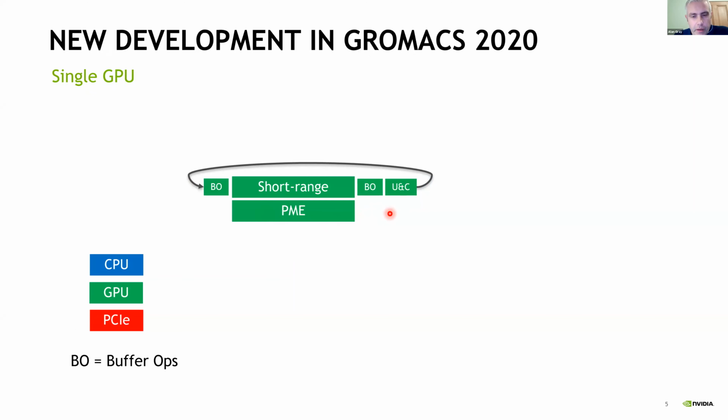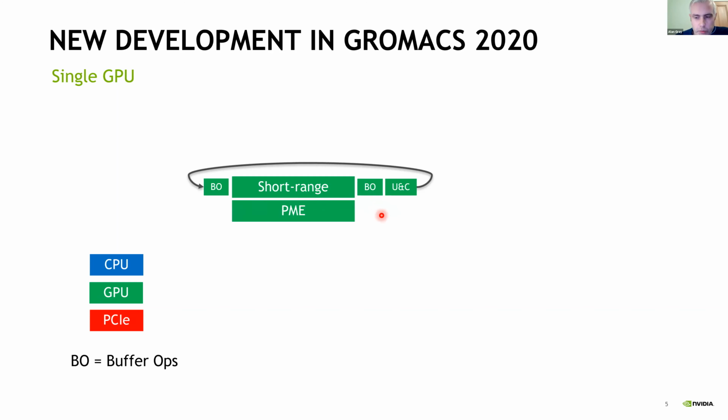These have been accelerated and are much quicker by themselves. But also, there's no red anymore, which means no data transfers are required, because the data can just stay on the GPU memory. It doesn't have to be transferred back and forth from CPU to GPU over and over again. And this has quite a substantial effect on performance.